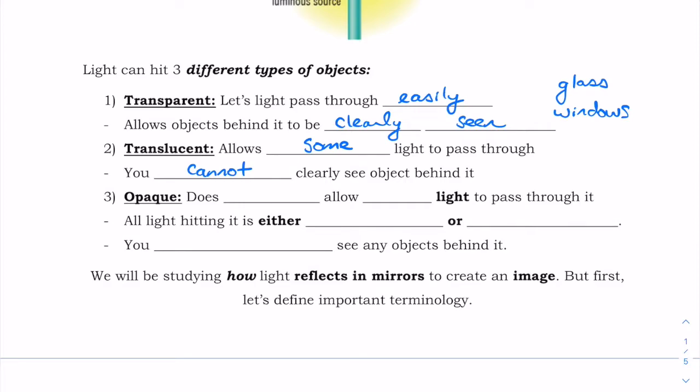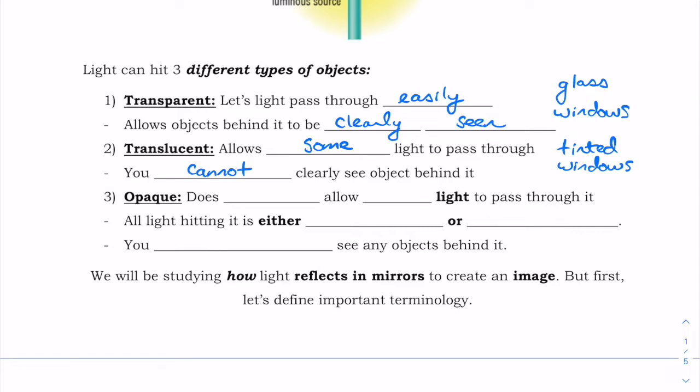Some examples of translucent objects would include tinted windows, maybe in your house you have frosted glass. You can imagine wax paper that you use in baking. These are objects that allow some of the light to pass through, but you're not going to be able to clearly see what's on the other side.